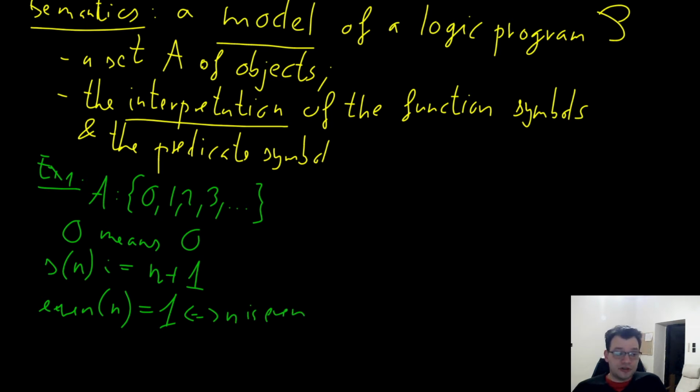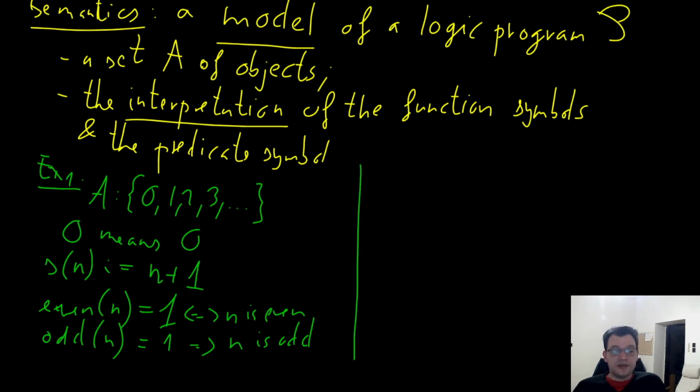It sounds trivial for us because we read the name of the function and we already have some intuition what it should mean, but we will see in the second universe, the second possible model, that it can be something entirely different. And let's say odd n holds if and only if the number n is odd. Okay, that is well structured at this point.